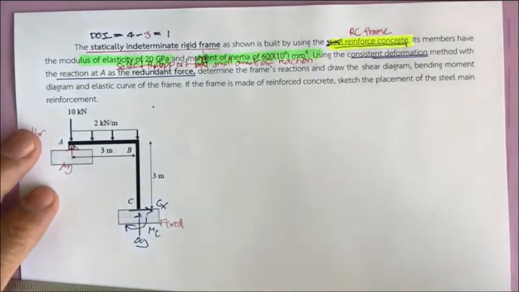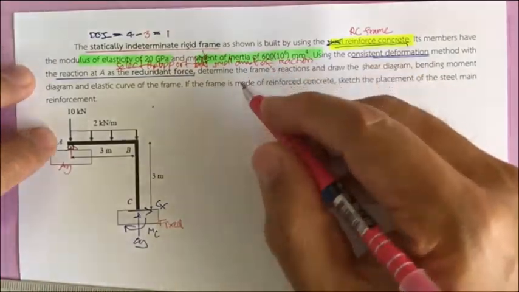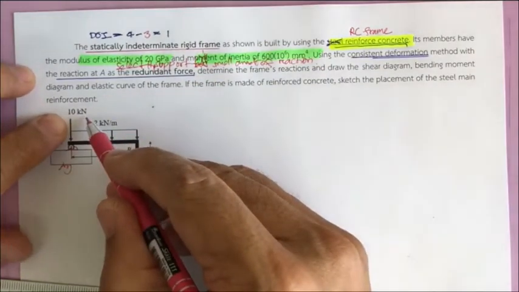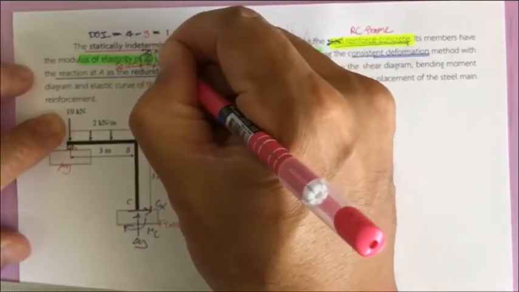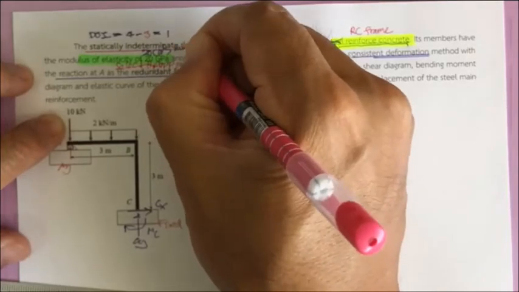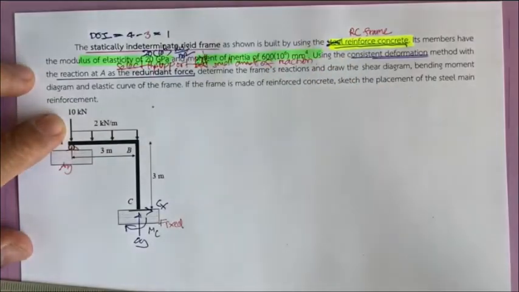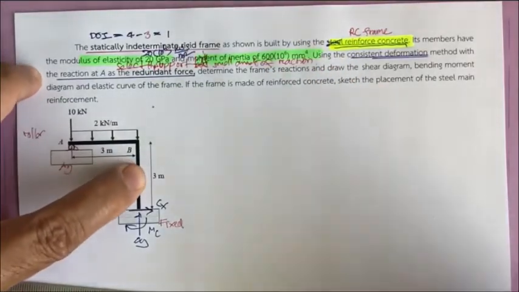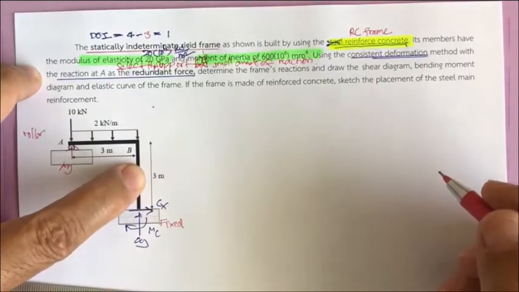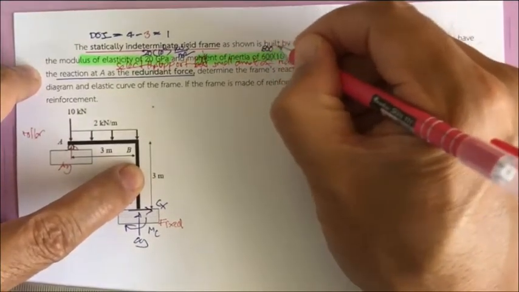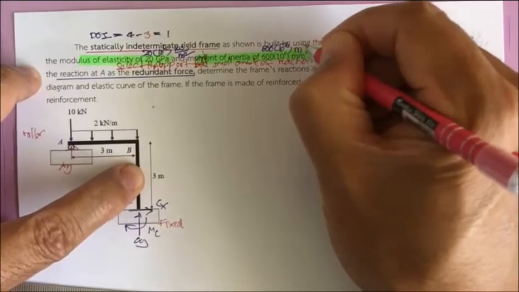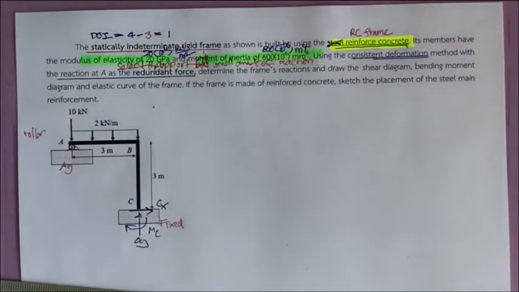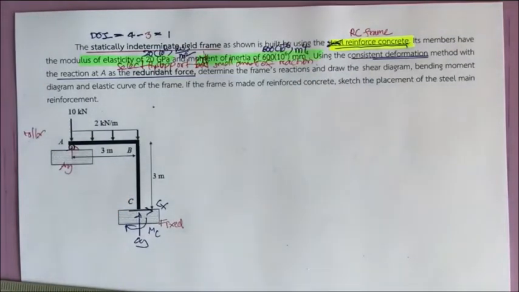So if you like to see, this is in the unit of kilonewton, so this is going to be 10 to the power 6 kilonewton per square meter. And since we use the unit of meter here, this is going to be 6 times 10 to the power of minus 6 meter to the power 4. You may do the unit conversion like this.